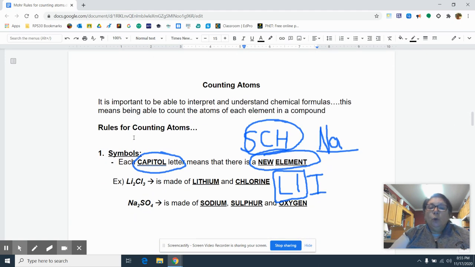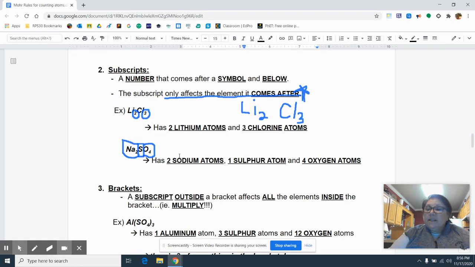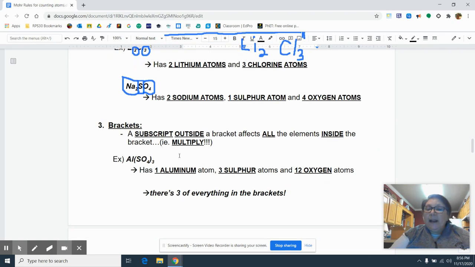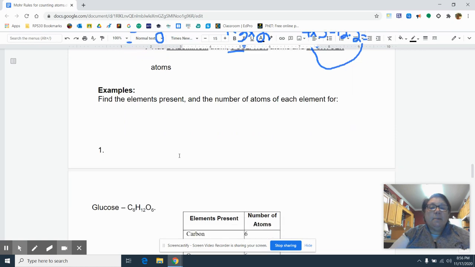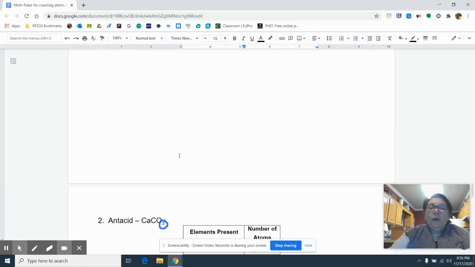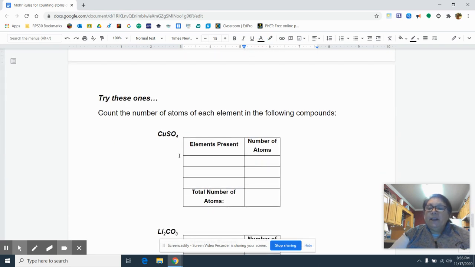We've written rules for counting atoms, looking for what symbol. What does the subscript mean? What do the brackets mean? What do the coefficients mean? And I know I've kind of made this a mess. Okay, and we've done examples together. So this should be a breeze.